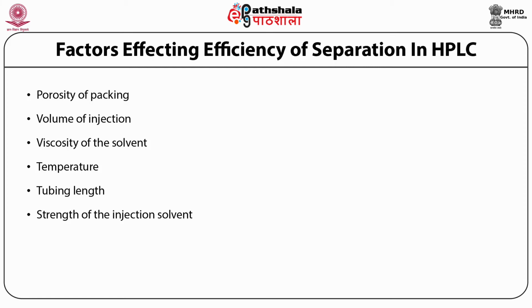The temperature, viscosity, and the tubing length, all these parameters can alter the efficiency of the separation by HPLC. Especially when you are working with solvents having a high methanol concentration, you get higher viscosity, thereby high back pressure, as compared to the same proportion with acetonitrile and water.